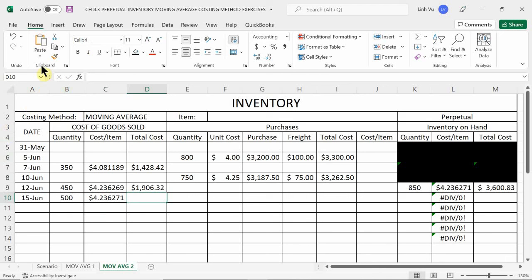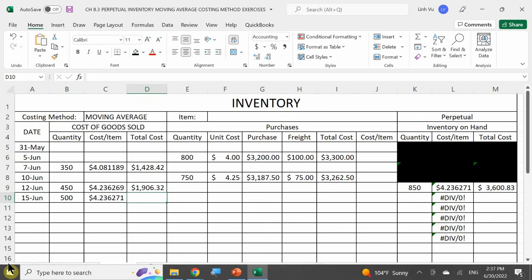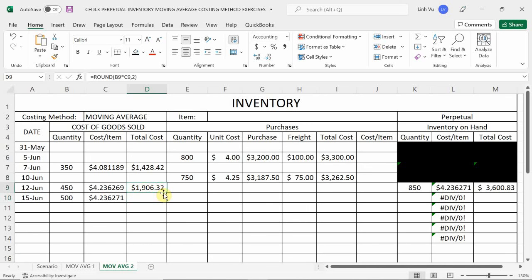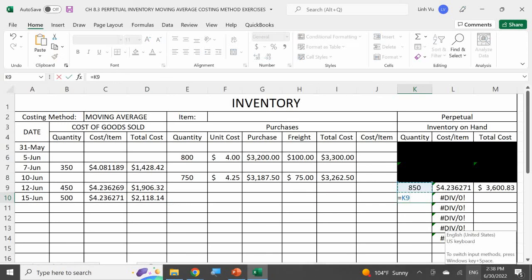So then what is going to be my total cost of goods sold if I sold my 500 units at that average cost per item? $2,118.14. Good.